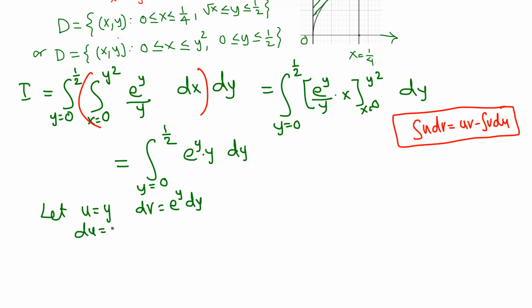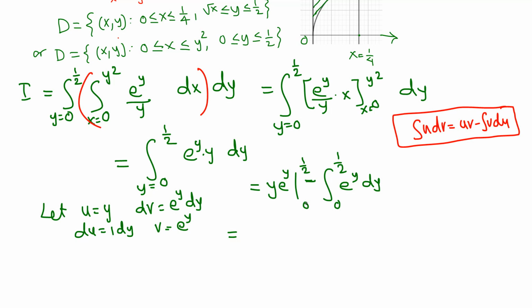Then du is 1 dy and v is e^y. Using this rule, the integral becomes y times e^y from 0 to 1/2 minus the integral from 0 to 1/2 of e^y times 1 dy.